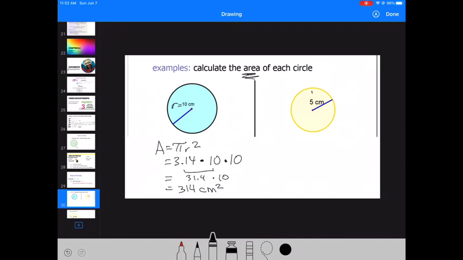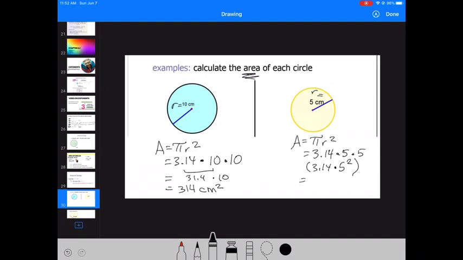Again, this is the radius. Radius is 5 centimeters. So A equals pi r squared. Next, 3.14 times 5 times 5. Okay, or even 3.14, 5 squared.